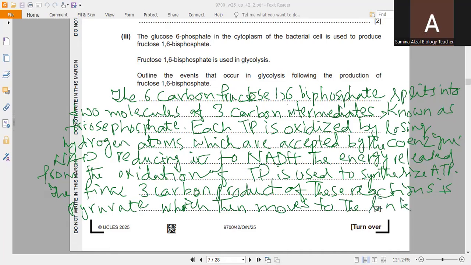Link reaction is the second stage of respiration.